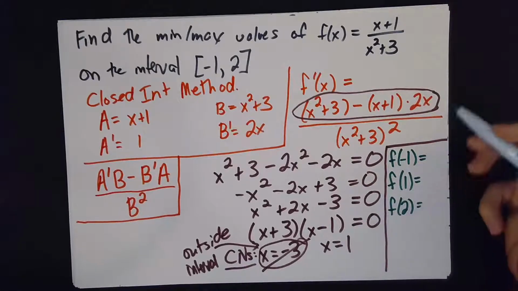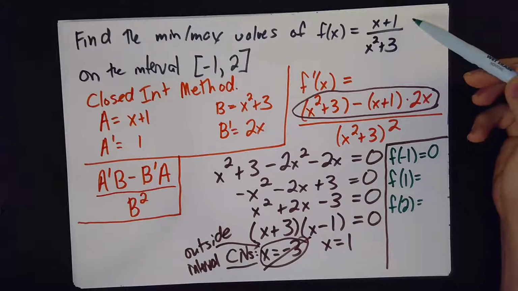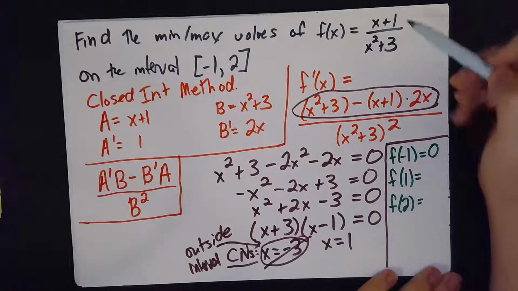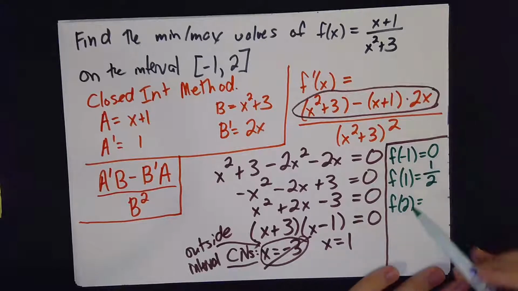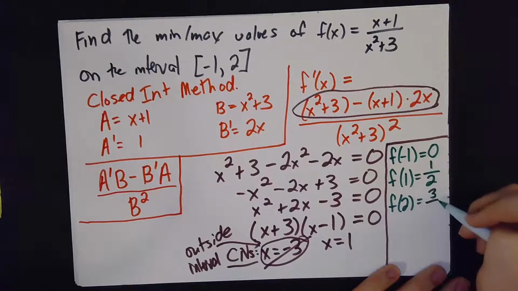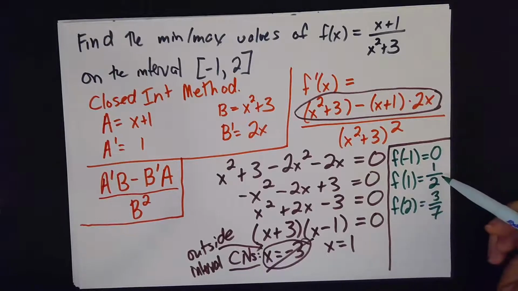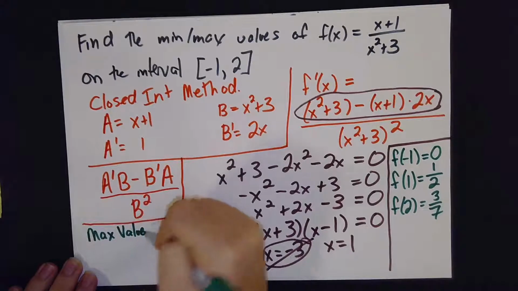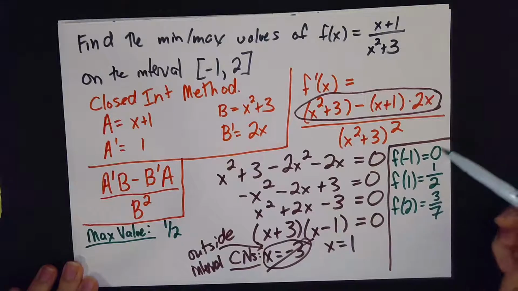F of minus 1 happens to be 0, because the numerator ends up being 0 up here as soon as I plug in minus 1. F of 1 is 2 over 4, which is a half. And f of 2 is 3 over 7. So the largest of these is a half. And the smallest of these is 0.